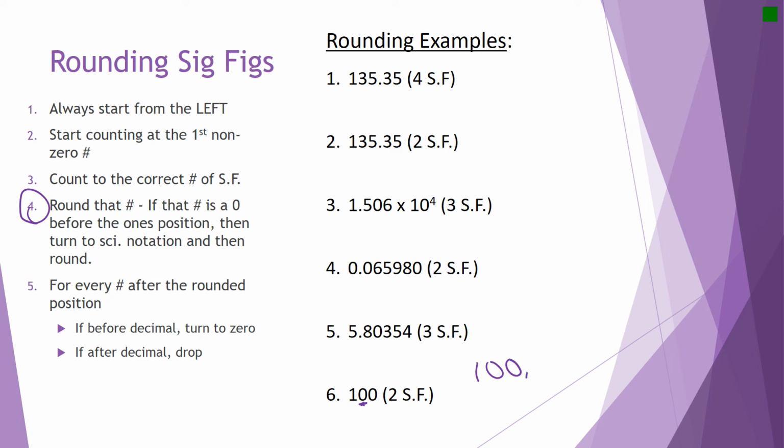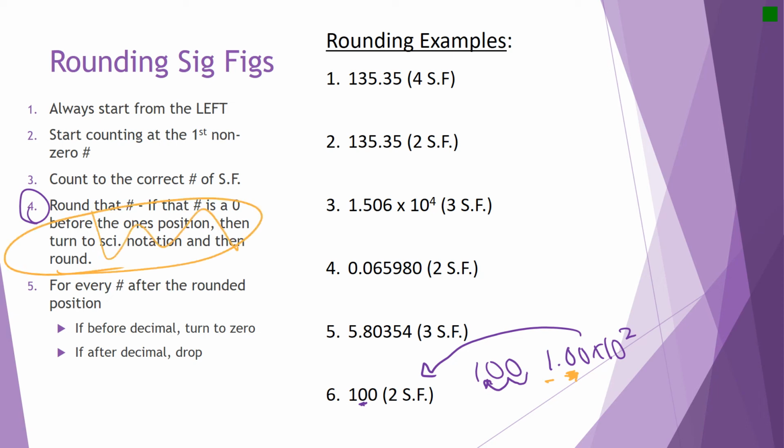Okay, so here we go. We're going to put a decimal, 1, 2. So now it's 1.00 times 10 to the second. That is the exact same number as 100. Okay, now I'm ready to actually round this. Start from the left, so 1, 2. Now this 0 that I'm going to need to count for significant figures is after a decimal, so now 4 doesn't really play into position anymore, right?